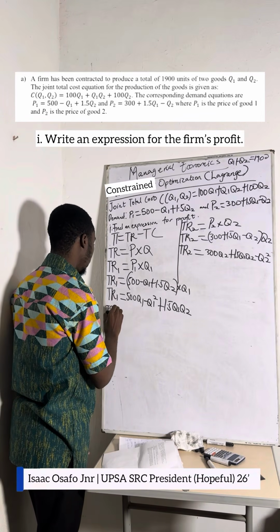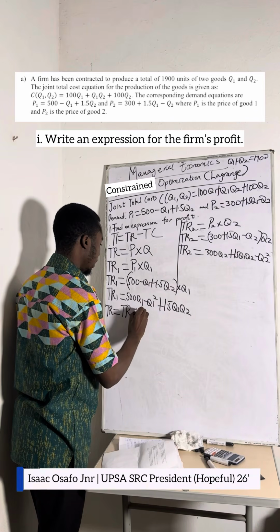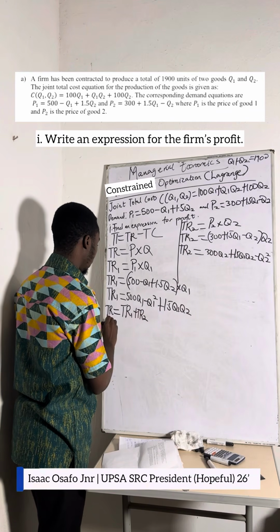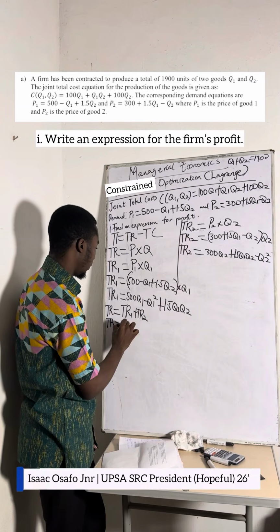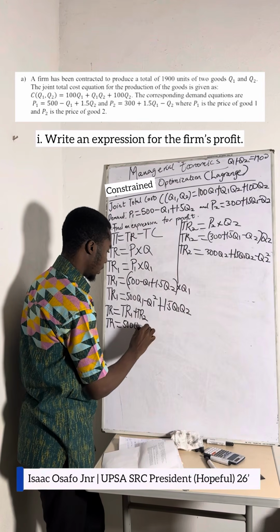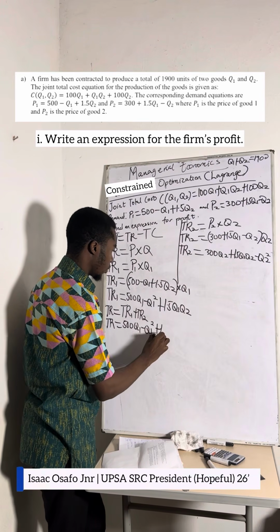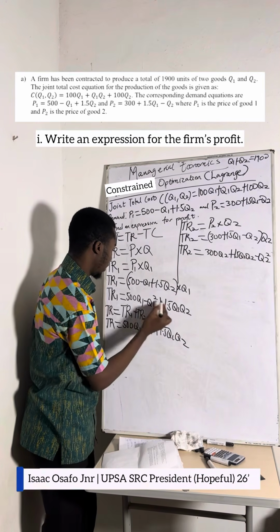So our total revenue will be equal to TR1 plus TR2. Let's write the TR1 first, which is 500 Q1 minus Q1 squared plus 1.5 Q1 Q2. That's for TR1.